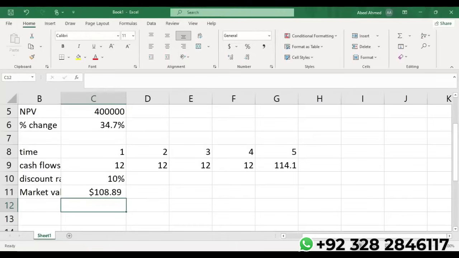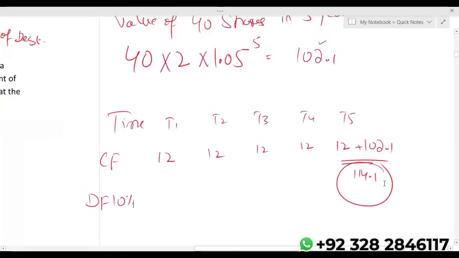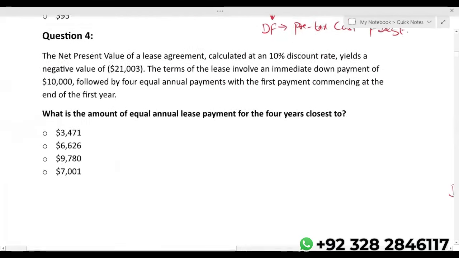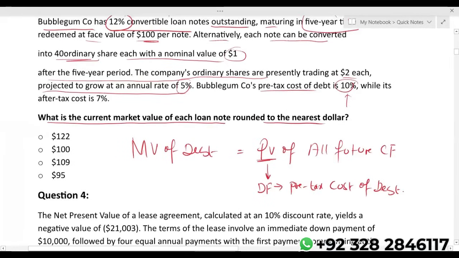Let's see. We are back to OneNote. We got the answer 108.89. Let's see the choices. 108.89. Can I say? Logically, option C.